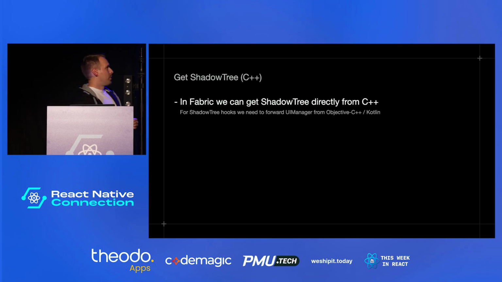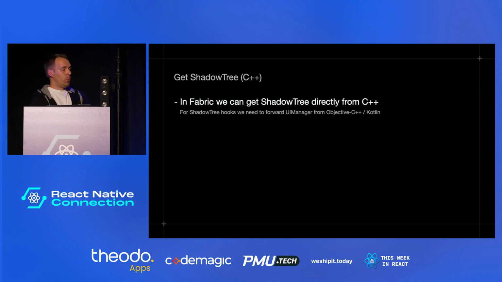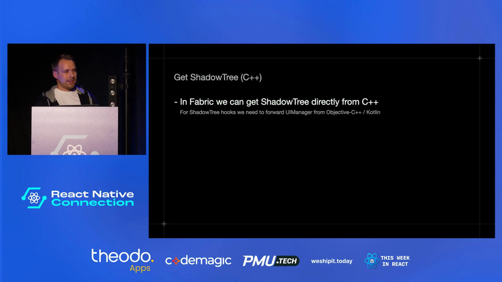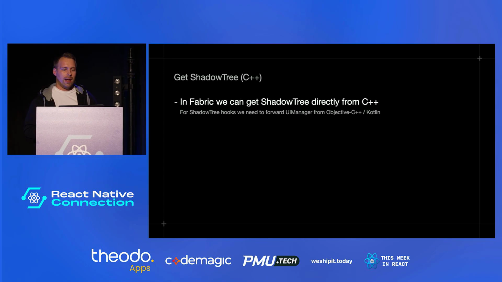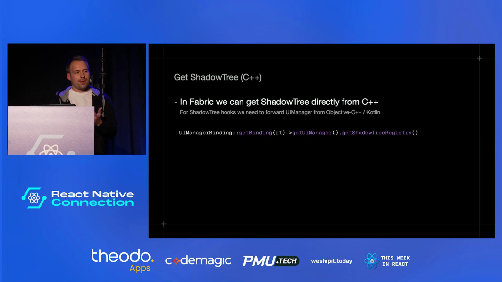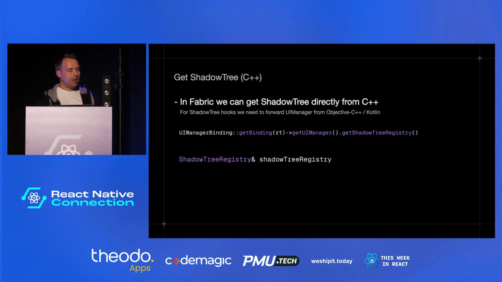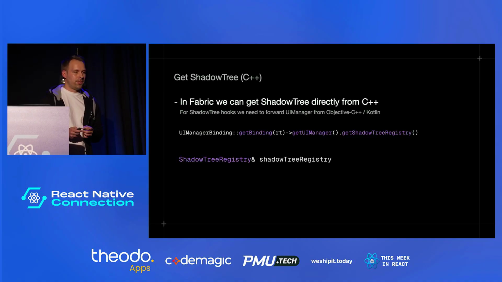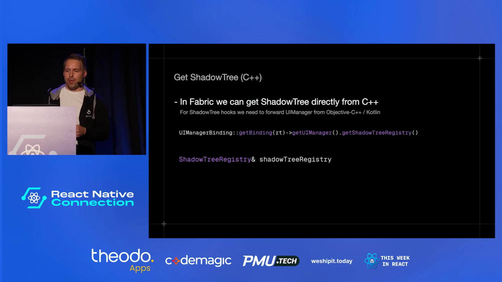How to get shadow tree? So in Fabric, you can do that 100% from the C++ side, unless you want to use hooks, shadow tree hooks. So this is like a one liner. You just need to have access to runtime. And the return value from get shadow tree registry will be our reference to shadow tree registry.